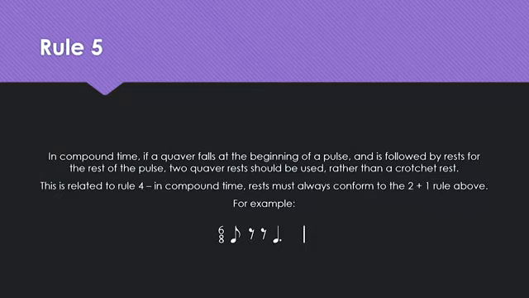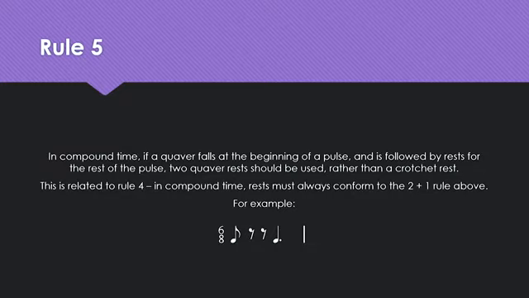Rule number 5. In compound time, if a quaver falls at the beginning of a pulse and is followed by rests for the rest of the pulse, 2 quaver rests should be used rather than a crotchet rest. And this comes again as a result of that 2 + 1 rule. Have a look at the example on the screen. You'll see that there is a quaver followed by 2 quaver rests rather than 1 crotchet rest.